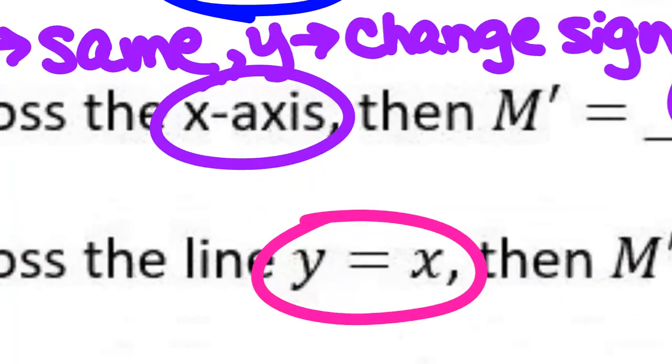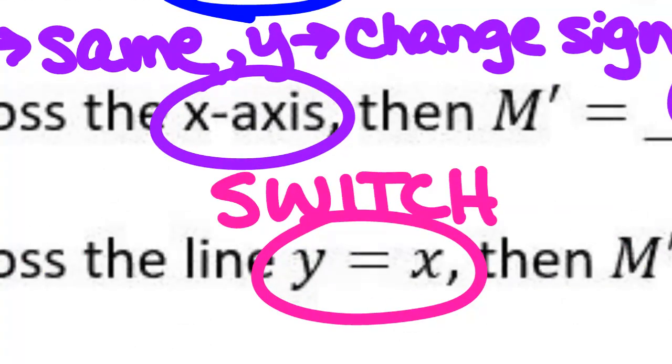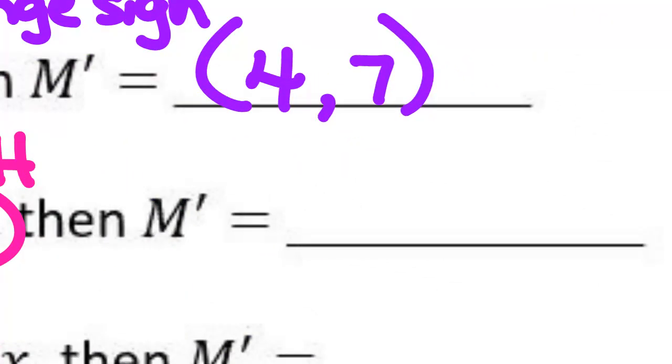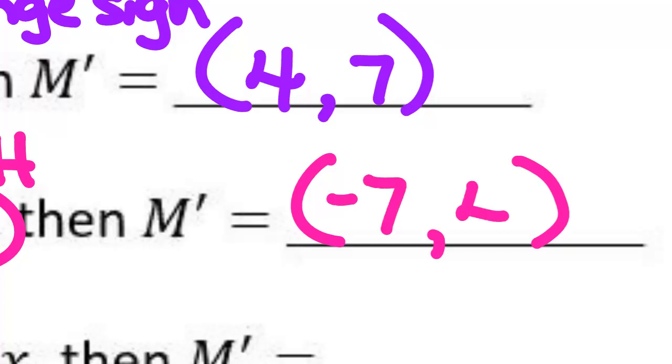When I reflect across the line y equals x, we are going to switch the order of those numbers. So instead of 4, -7, I'm going to flip it around the other way. That would become -7, 4.